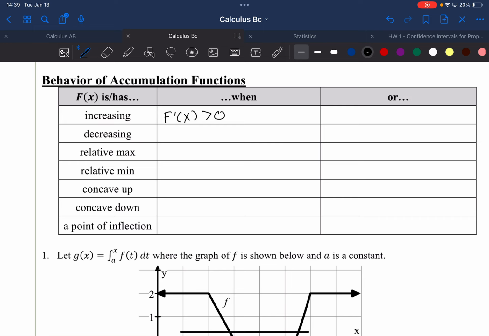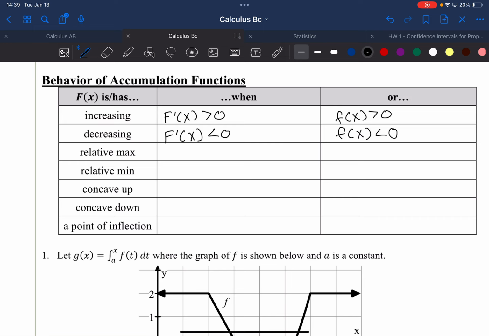Or we can say when f of x is greater than 0, since its derivative is equal to f. Okay, decreasing is the opposite. So the derivative of capital F of x is less than 0, or we can say that the function is less than 0.